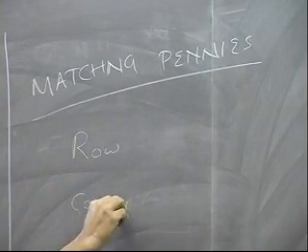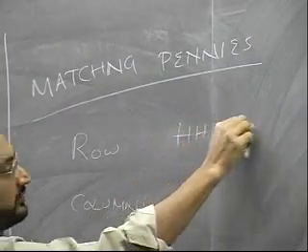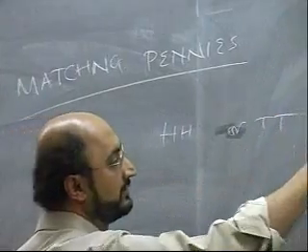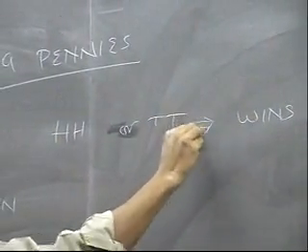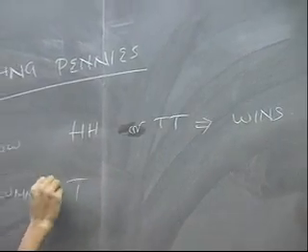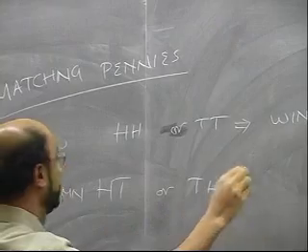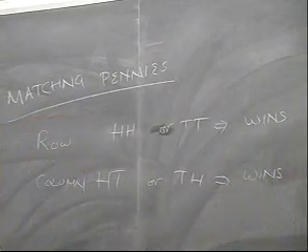It will become clear in a minute why they're called row and column. If you get head, head, or tail, tail, then row wins. And then if it's head, tail, or tail, head, column wins. Okay, so that's the game.